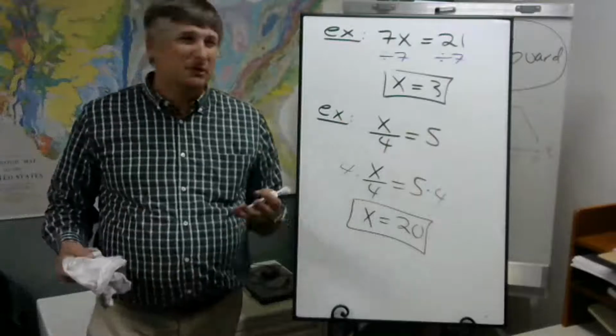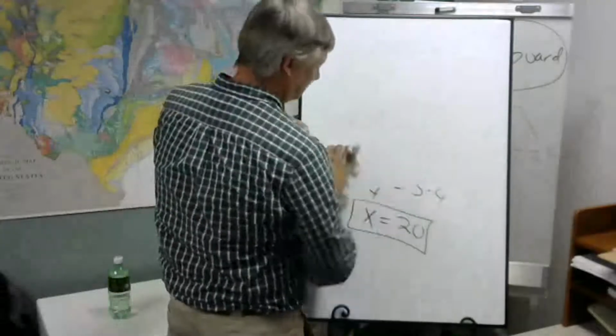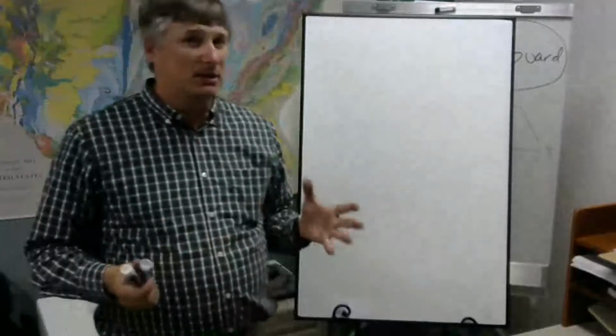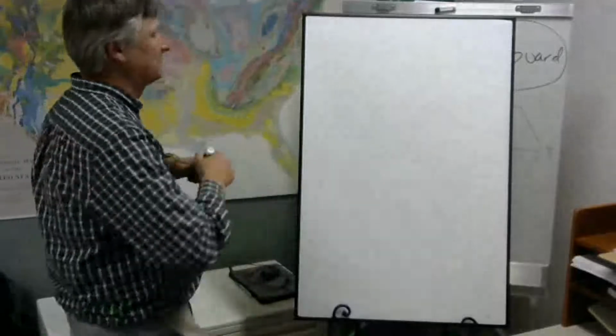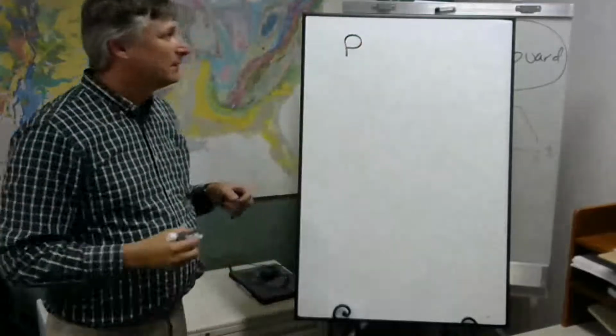Now, ax plus b is a little more complicated. Let's recall PEMDAS. Remember, it's the order of operations.